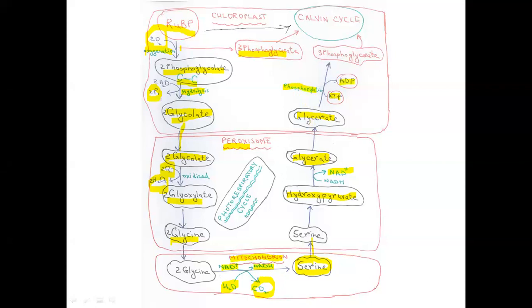So ADP will be released and glycerate will produce 3-phosphoglycerate, and then they will enter the Calvin cycle, but no sugar molecule will be synthesized. So this is overall the reaction of the C2 cycle or photorespiratory cycle. Thank you very much.